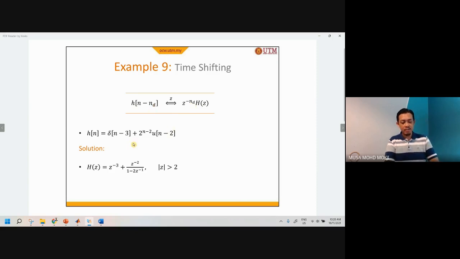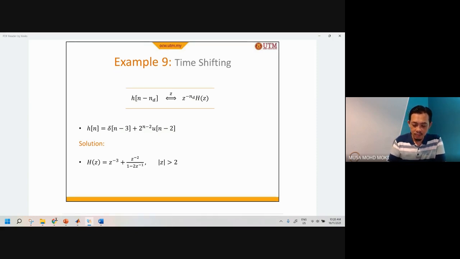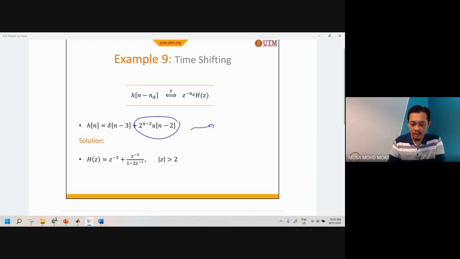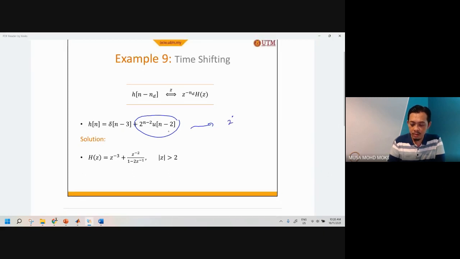So let's see, we have one example here. h[n] equals delta[n minus 3] plus 2 to the power of n minus 2, u[n minus 2]. Okay, so if there is no delay, this term would be 2 to the power of n, u[n].